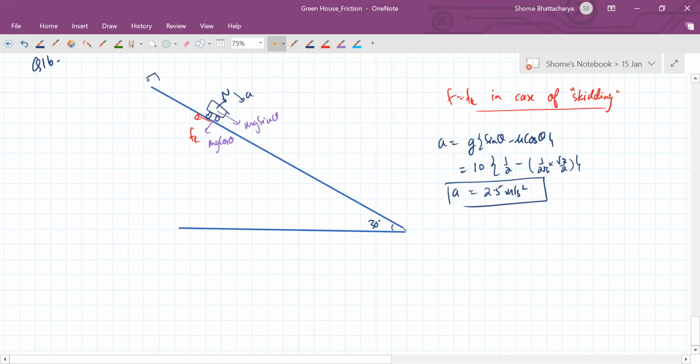So when it started from the top of the slope at certain speed, and at the bottom of the slope it has certain speed, use this relation v square is equal to u square plus 2as.